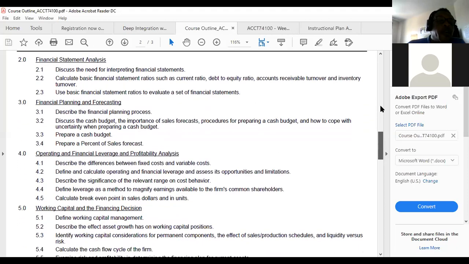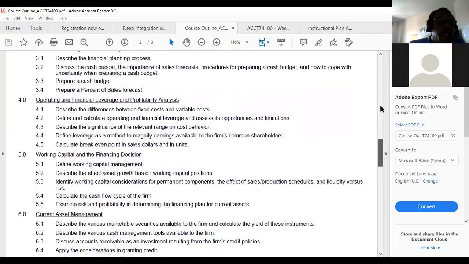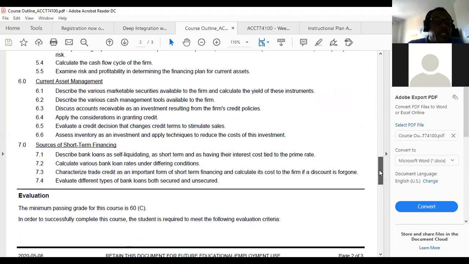Then we're going to move on to look at financial planning and forecasting, and then operating and financial leverage and profitability analysis. Then we look at working capital and the financial decision. Then we look at current asset management and sources of short-term financing.